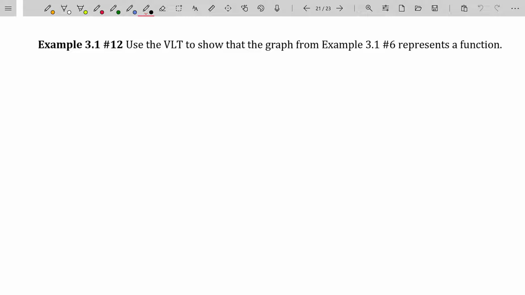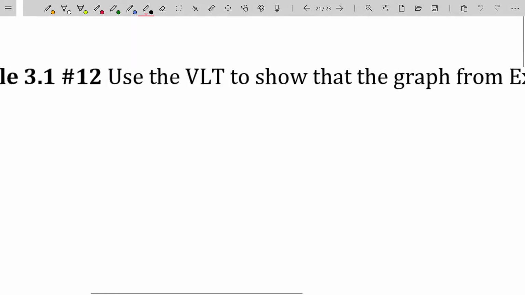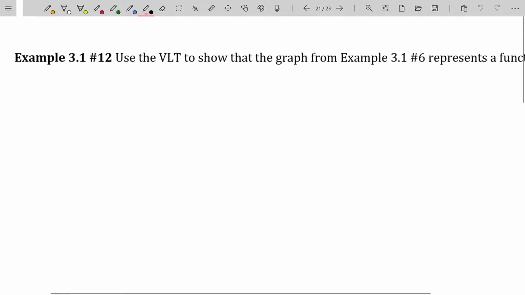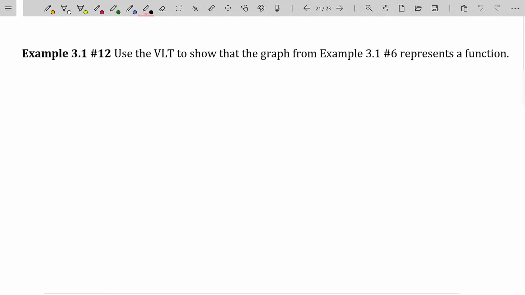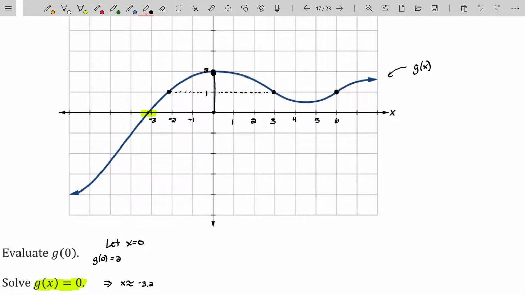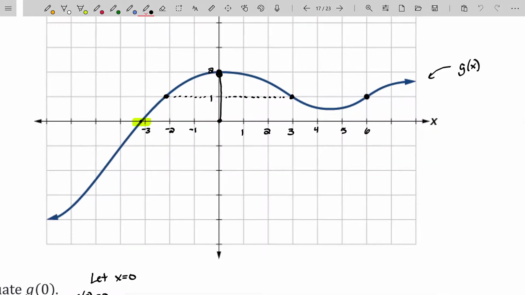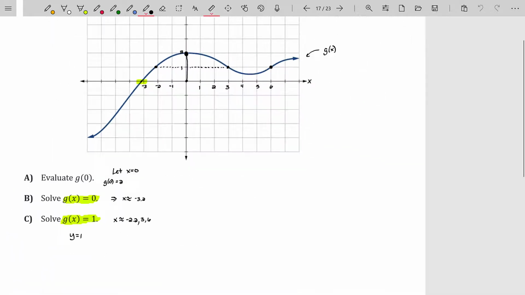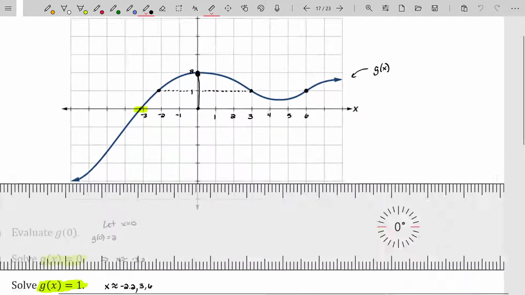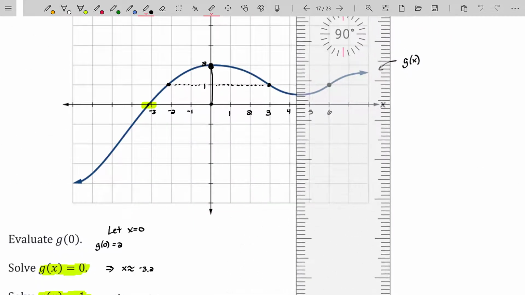So let's go ahead and use the vertical line test, which we often call the VLT, to show that the graph from example 3.1 number 6 represents a function. Well, I have to find that example. And actually, I think it's this example, it's just numbered incorrectly. We want to showcase this represents a function. Given any vertical line that I want to draw, actually, I don't even need to draw them.